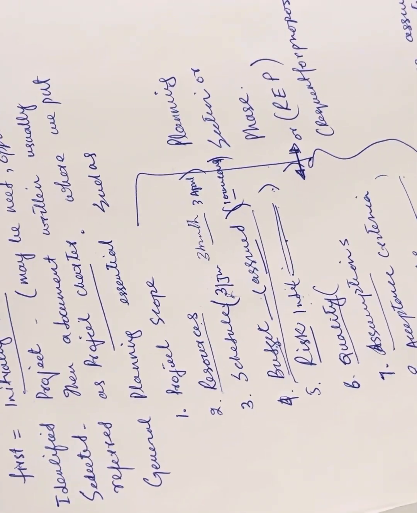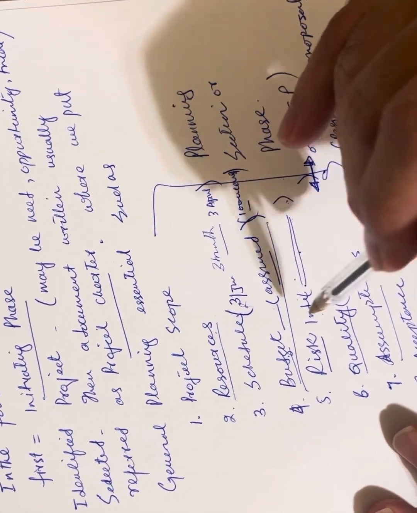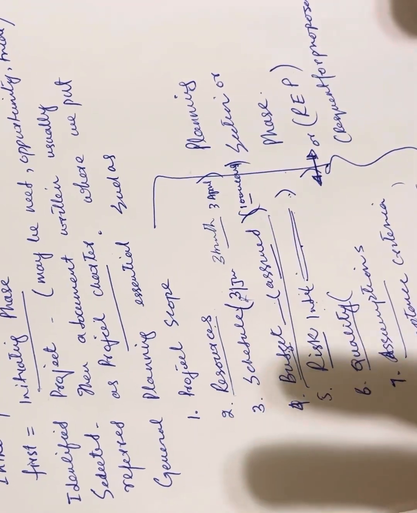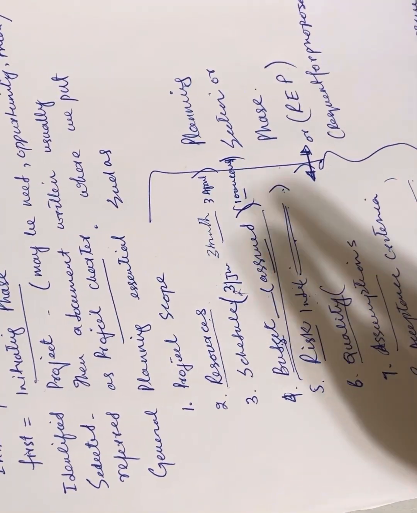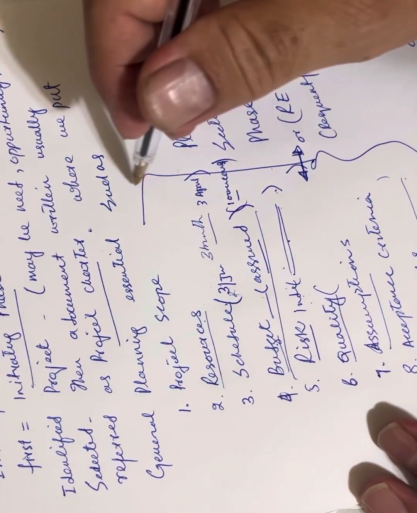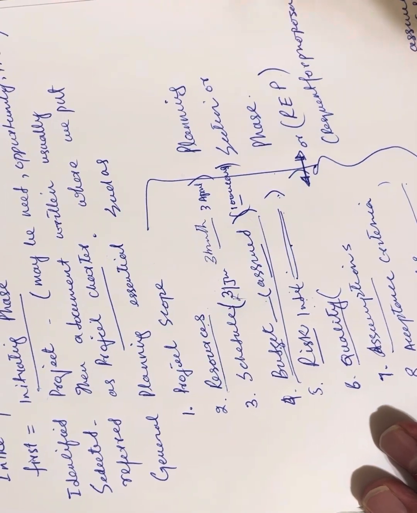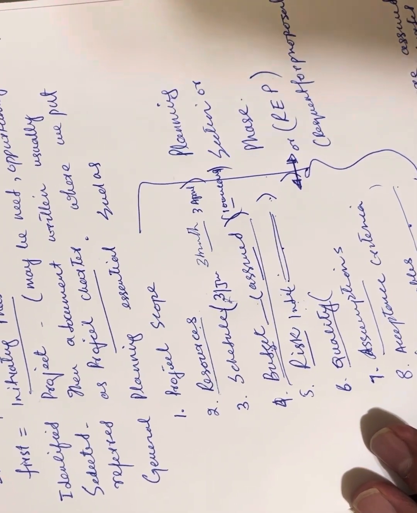The interested parties then present all their project scopes, resources, everything. Three or four parties come, and then the sponsor or the organization picks the one which is best. So it's also parallel with the project charter.